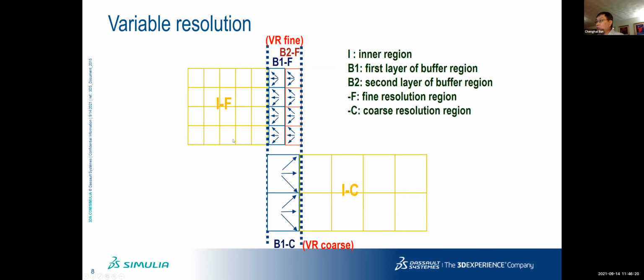And after advection, the fine cells will collect the opposite direction of particles, and we collect them into the coarse cells. In this way, the two sides have the communications.